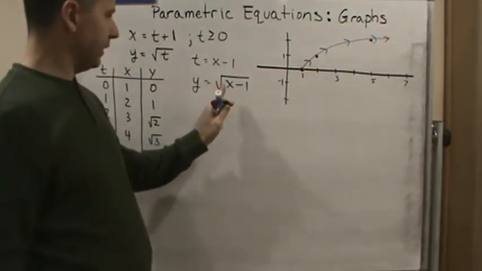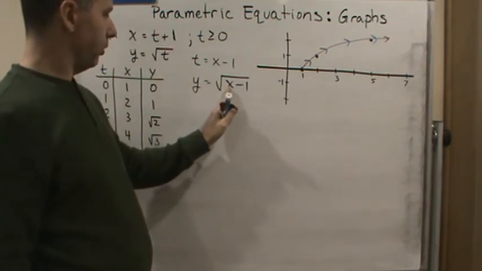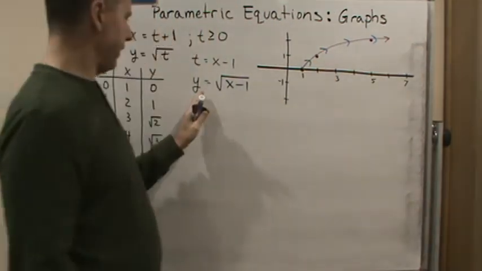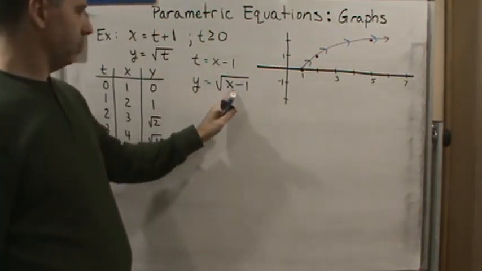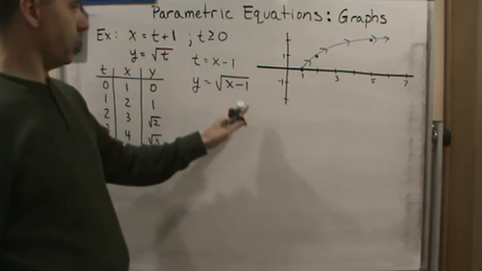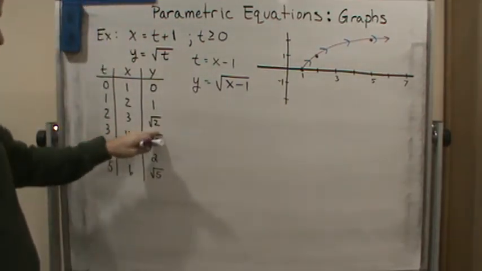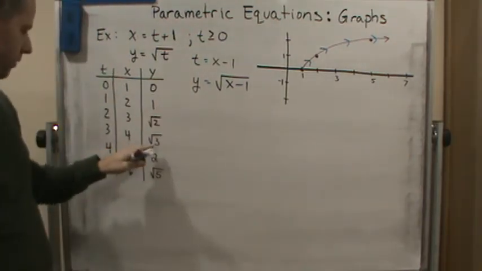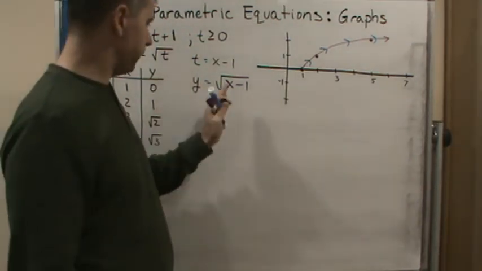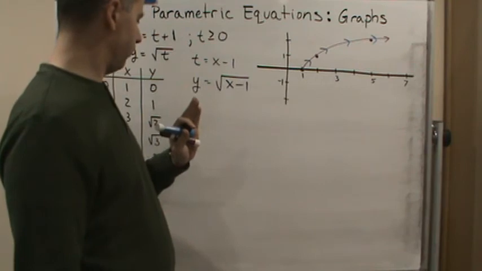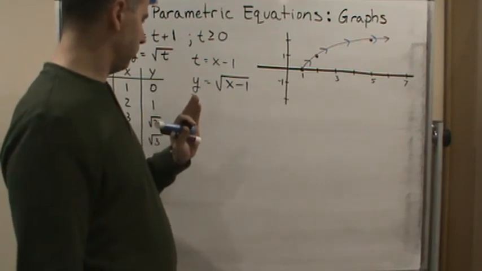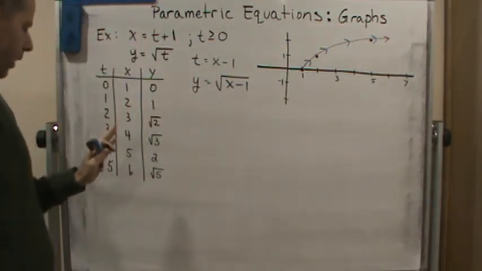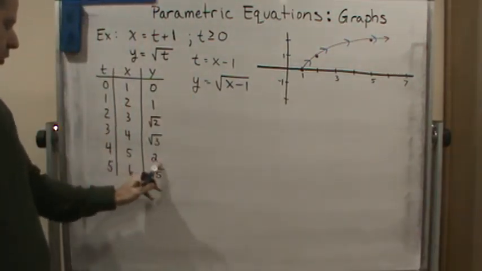At x equals 2, you get y equal to 1, right there. And then at x equals 3, you get the square root of 2, right there. At x equals 4, you get the square root of 3. At x equals 5, you get the square root of 4, which is 2.